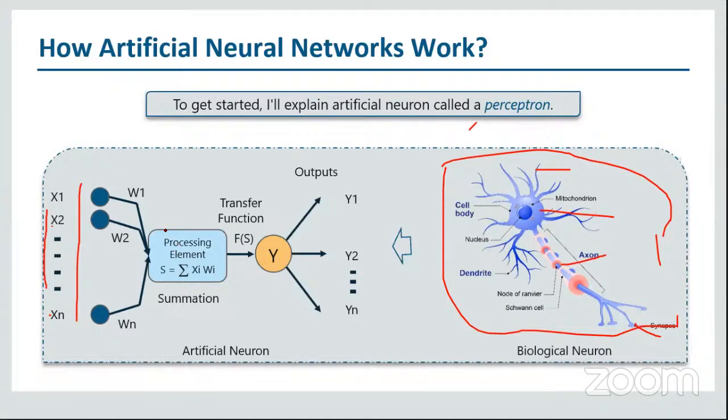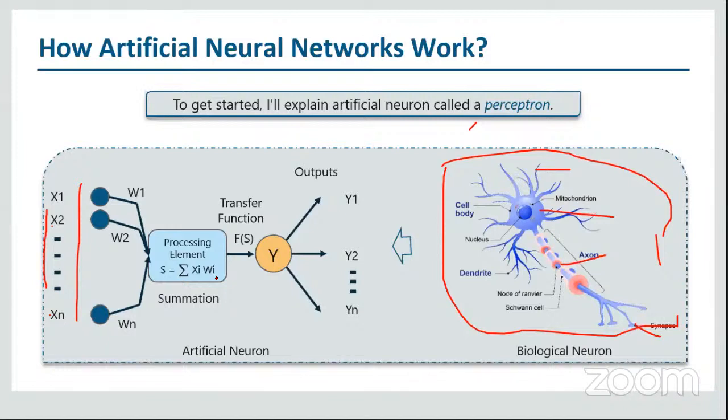Now you have something where we process the data, the processing element, which is the summation that we did in the cell body. Here we do the summation. Then we have something called the transfer function, where we fire the outputs.